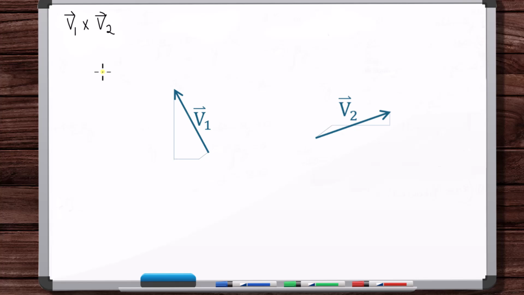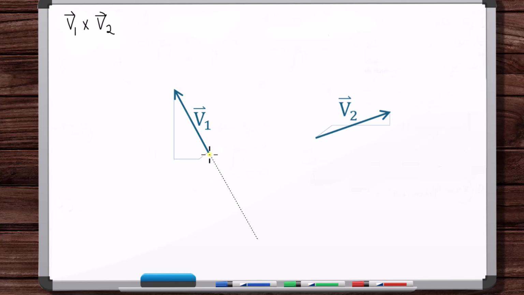Well, one reason is you can use the cross product to determine a direction that's perpendicular to the plane that contains two vectors or two line of action directions. Now, this is different from the perpendicular vector that we found using the dot product.